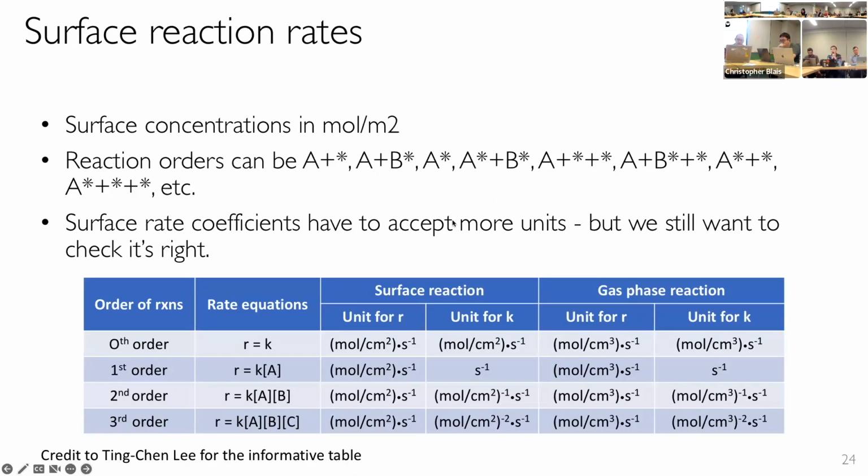The difference when you're creating or updating these rules is that the units for surface reactions are going to be a little bit different. For gas phase reactions, it's in moles per meter cubed. For surface reaction rates, it's going to be some combination of moles, meters squared, seconds.